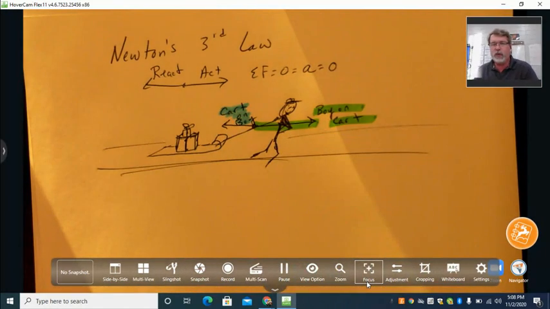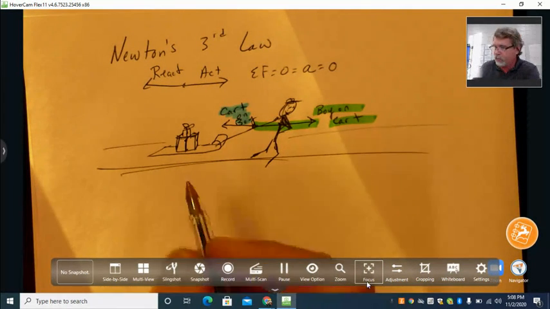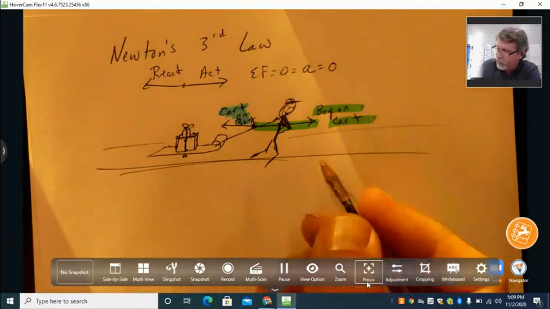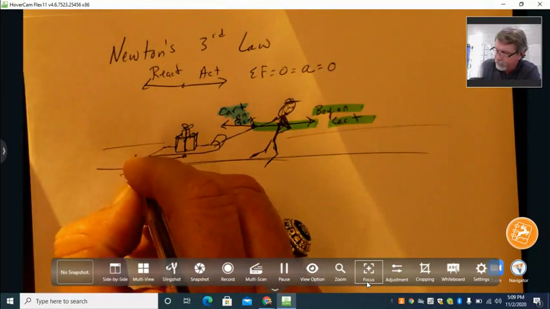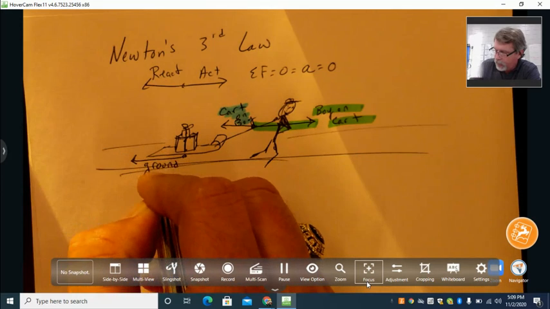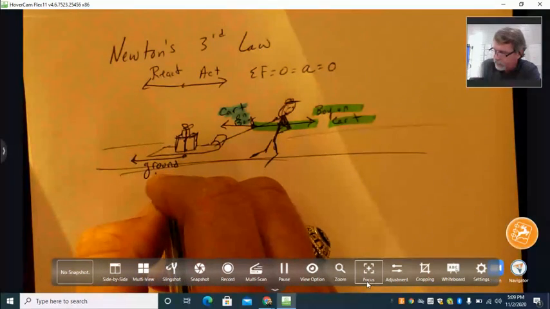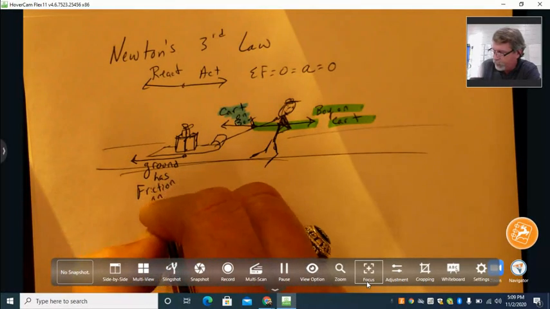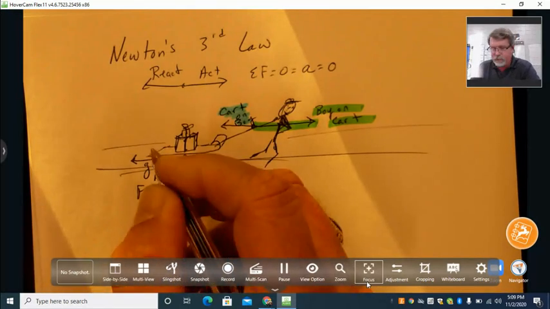All right, what other action is going on? Well, there's something else going on with the cart, and that is the friction going on with the cart. Okay, so we know that the boy's pulling the cart in this direction. So we start off with the ground has friction on the cart. So the ground has friction on the cart.